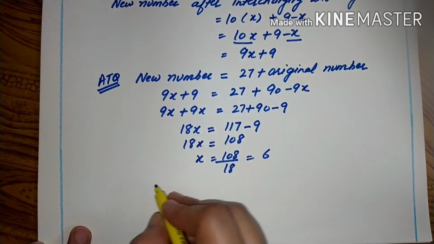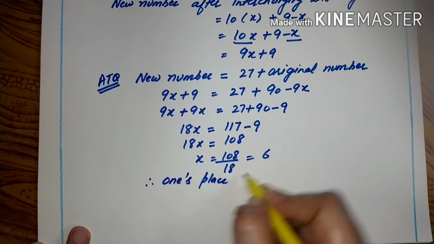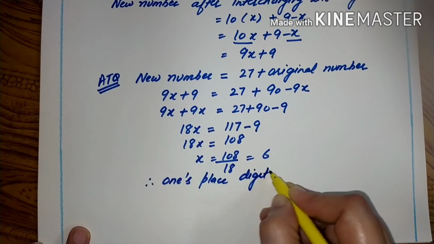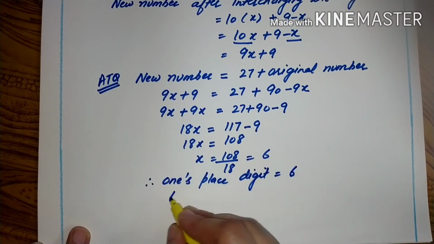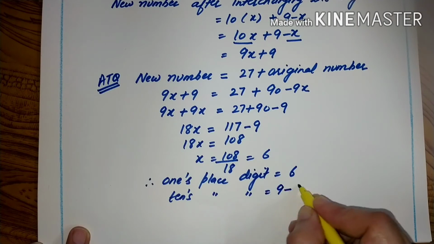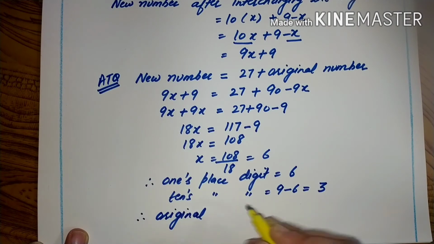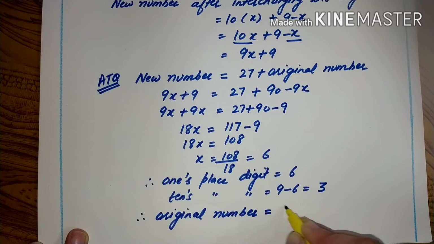Therefore, the ones place digit is 6 and the tens place digit would be 9 minus 6, that is 3. Therefore, the original number would be 36. So this is your answer.